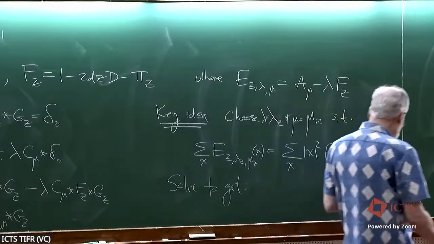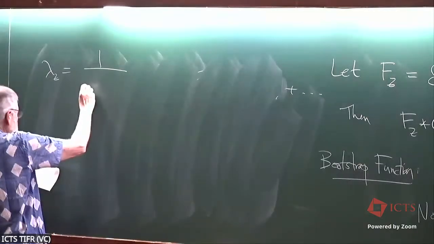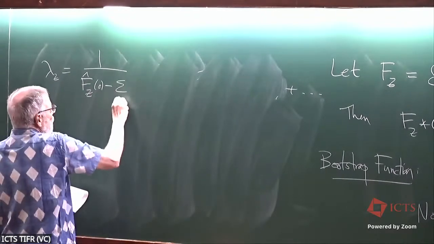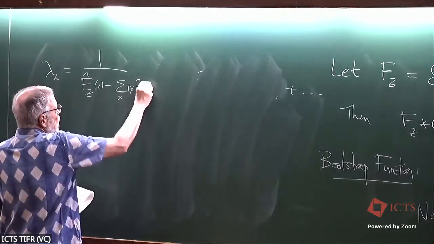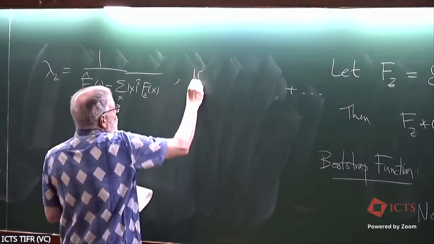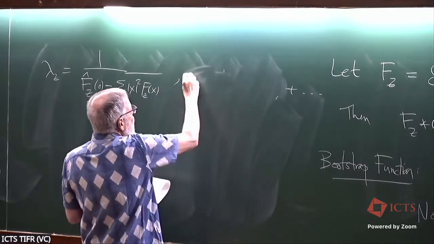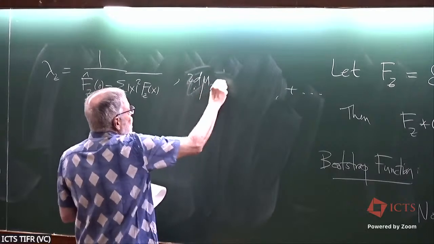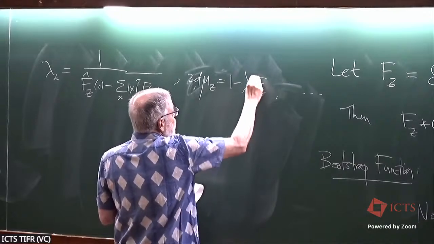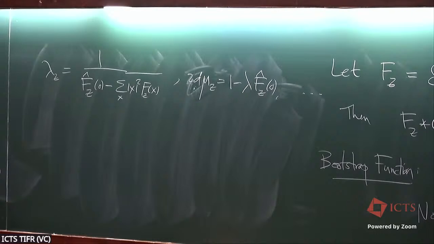And what you find is that lambda_z is equal to 1 over f_z hat of 0 minus the sum over x of x squared f_z of x. And 2d mu_z is equal to 1 minus lambda times f_z hat of 0. f_z hat of 0 is just the reciprocal of the susceptibility.